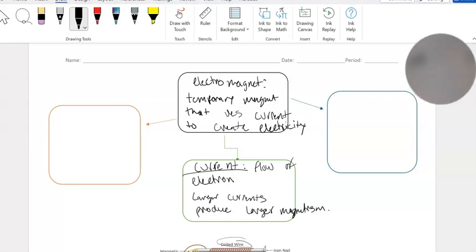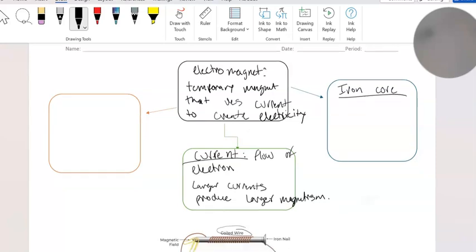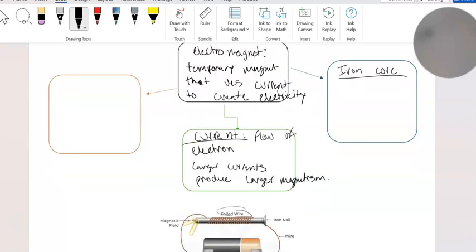The second thing that you need is an iron core. Notice that metal, there's a nail right through the middle.